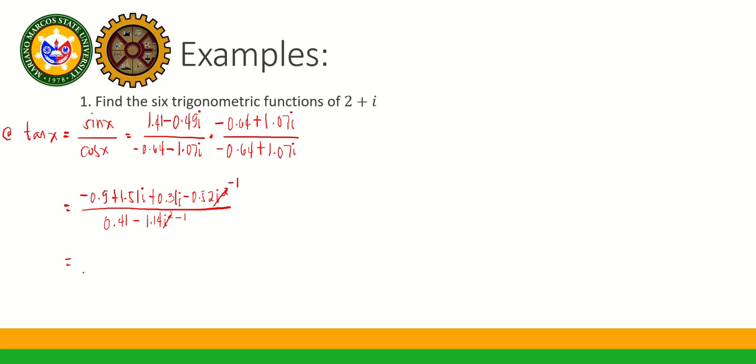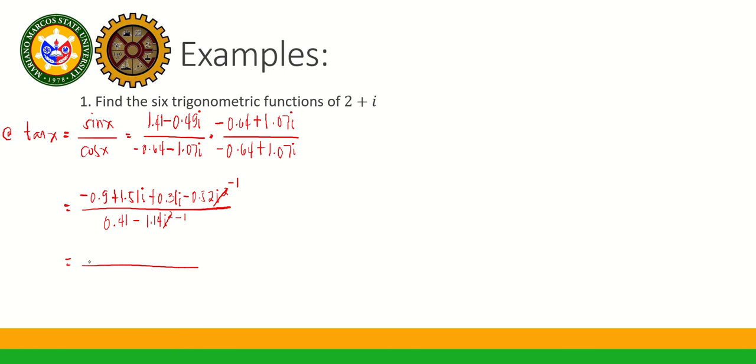So, simplifying further, let's combine the real parts again. Negative 0.9 and this one. It becomes real now because i squared was transformed into negative 1. So, negative 0.9 minus 0.52 is negative 0.38. Okay?